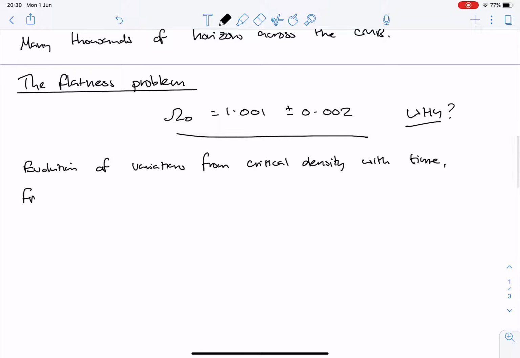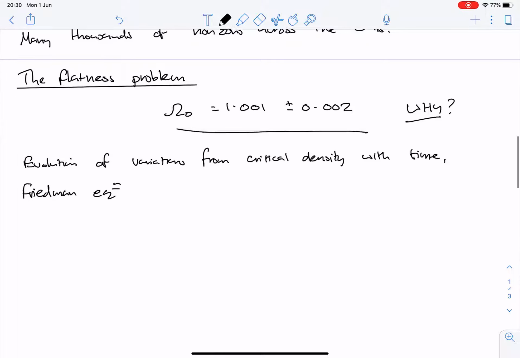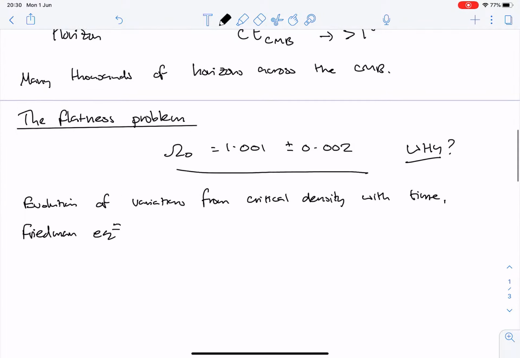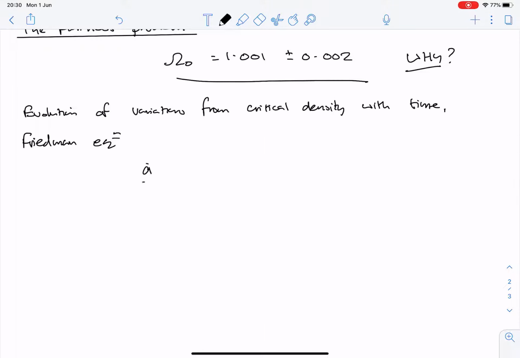And to do that, we can go back to our old friend, the Friedmann equation. And that says the following. If you can all remember it now, it's been a few lectures since we've seen it, so see if you can remember it off the top of your head as I write it. 8 pi G epsilon over 3c squared minus kc squared over R naught squared a squared equals H squared.